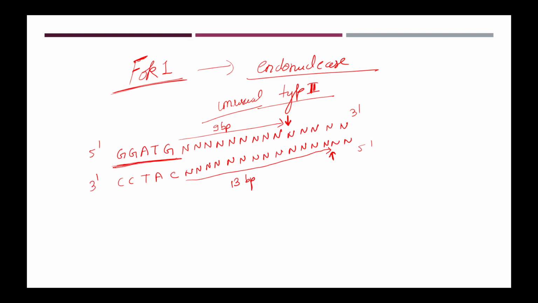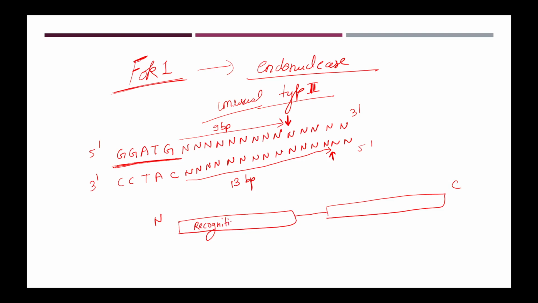This is because in this particular protein structure, it has two regions. This is the N terminal, this is the C terminal. The N terminal is for the recognition site.